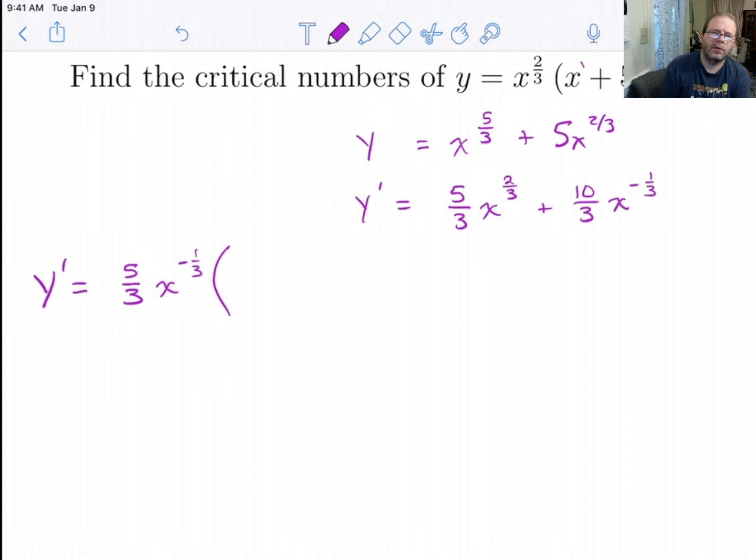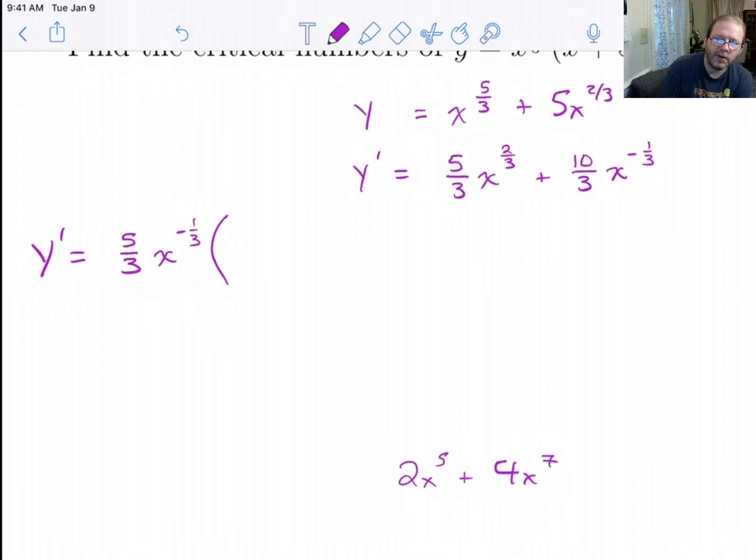Okay, this confuses people sometimes, so let's do a small example down here. Let's say we had 2x to the 5th plus 4x to the 7th. If you wanted to, you could factor out a 2x to the 5th here. And what's left is x to the 5 minus 5 plus 4x to the 7 minus 5.